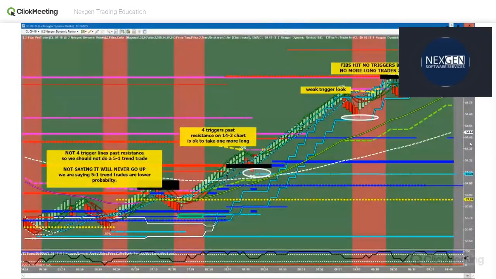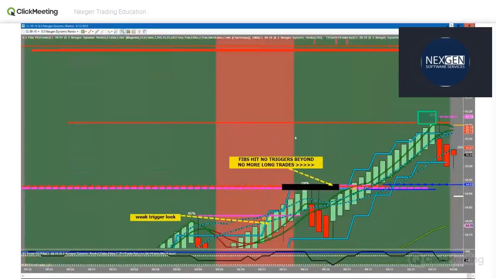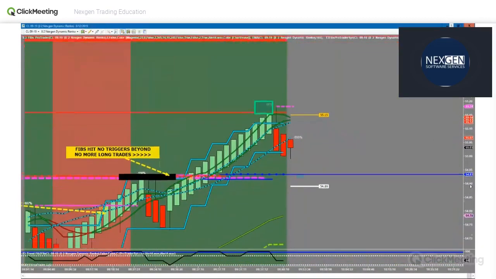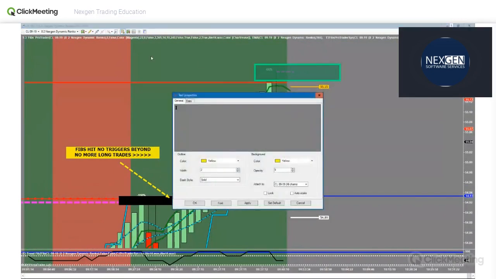But the idea is, look, if there's a smaller chart reason why the 5-1 trend trade's not going to work, right?